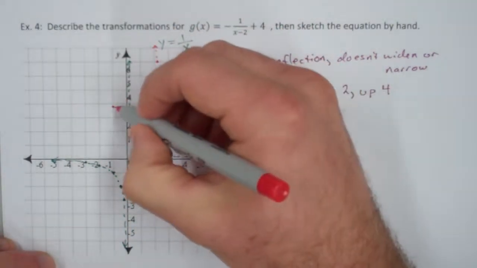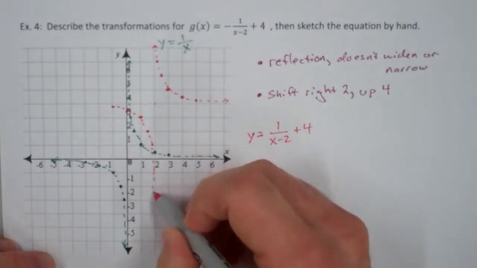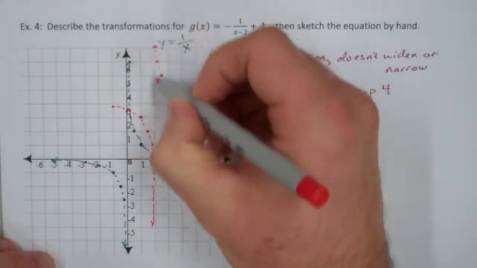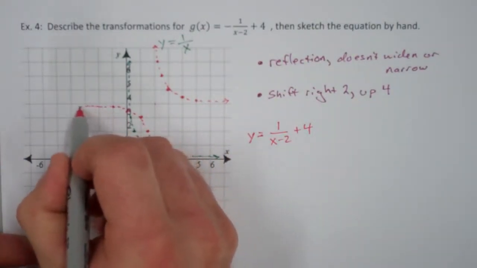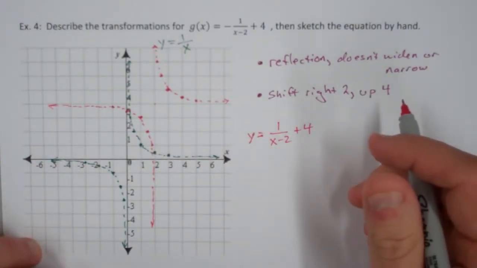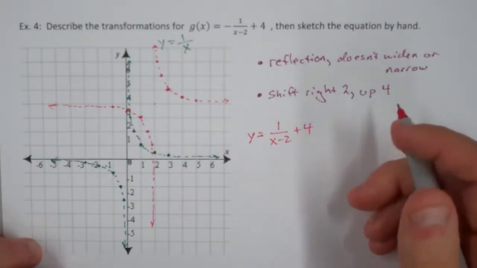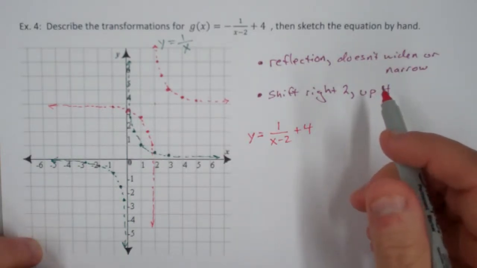You can actually use that to your advantage. If you wanted to graph those asymptotes, that's fine. We just don't want to cross this line right here, x is equal to 2, and also y is equal to 4, we definitely do not want to cross. There's only one part of this now that we need to take into account, and that is a reflection.